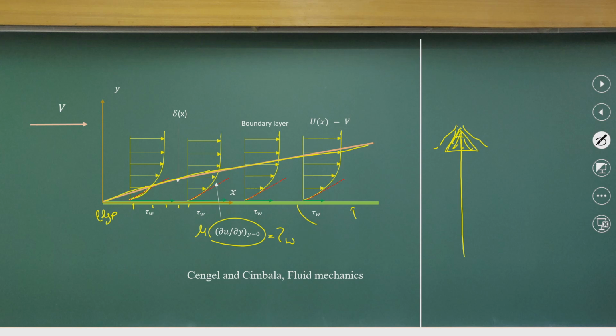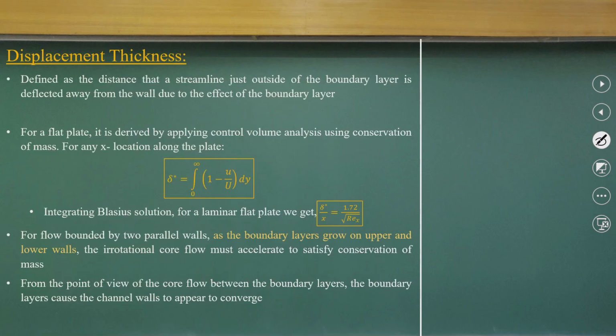Okay. So basically, in understanding boundary layers, we talk about the variations of wall shear stress or skin friction factors. Now, another concept we look at is called the displacement thickness.